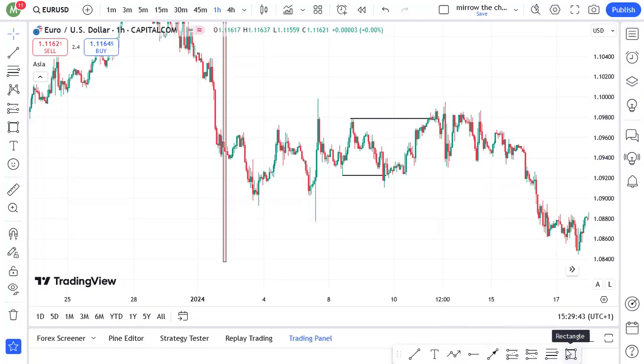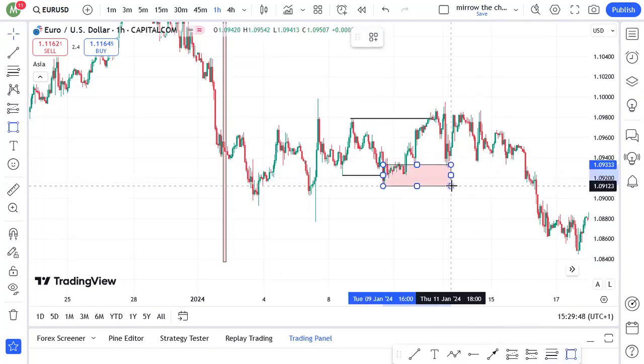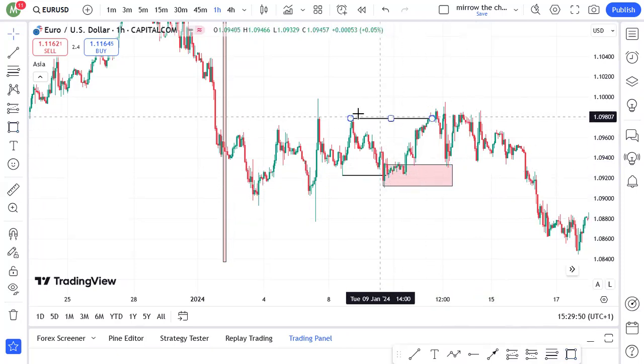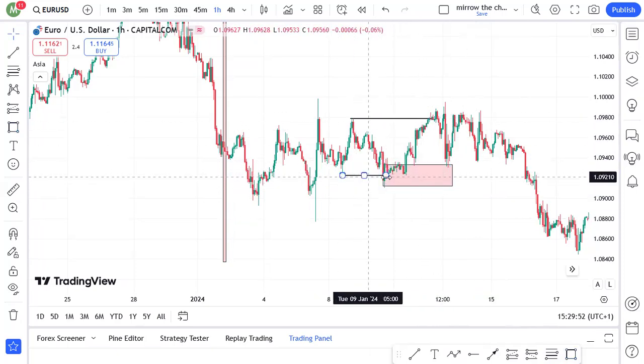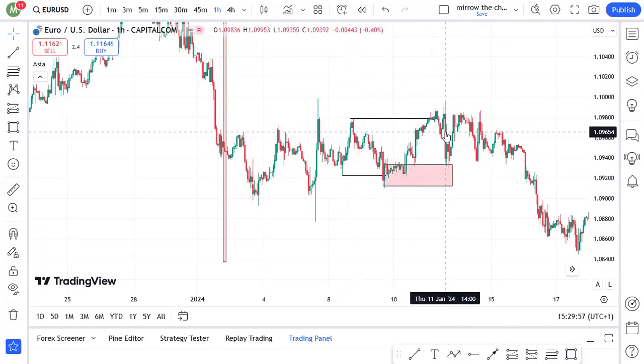Now, how can we engage? We mark out our POI. This is the guy that sponsored the break of structure to the upside. After price grabbed liquidity, did you see how price traded inside it and bounced back?